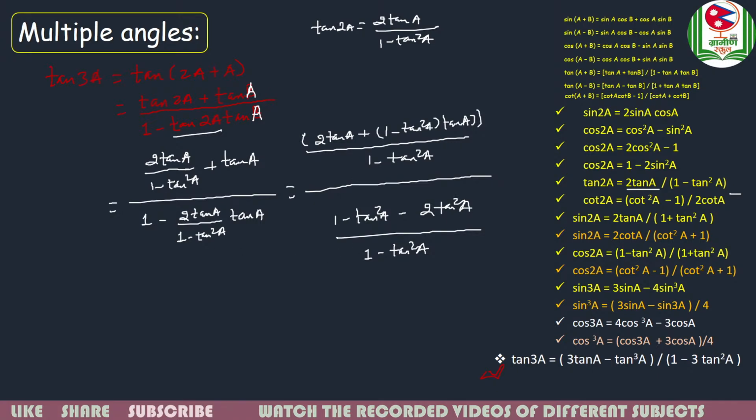This one is 2 tan a into tan a, that is 2 tan square a.